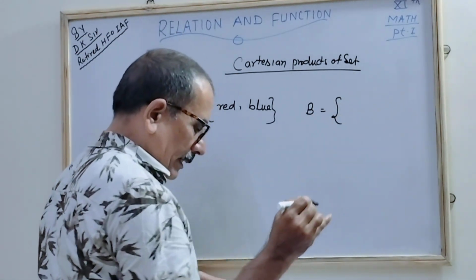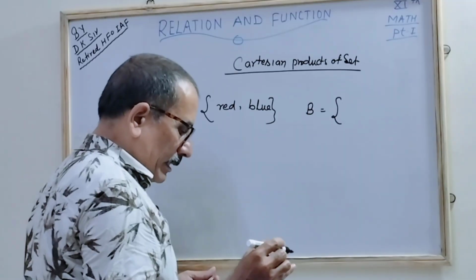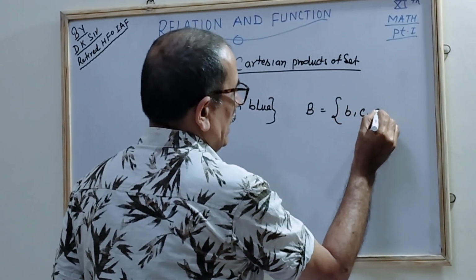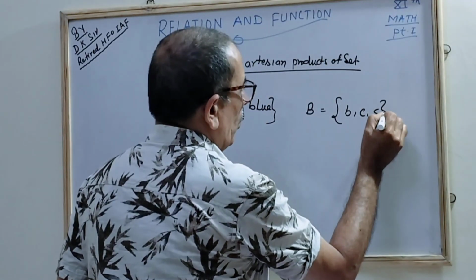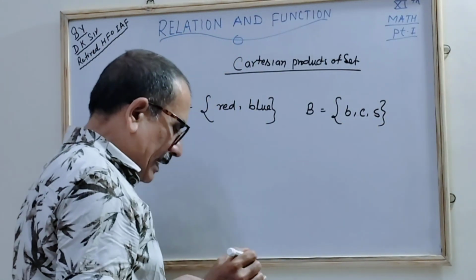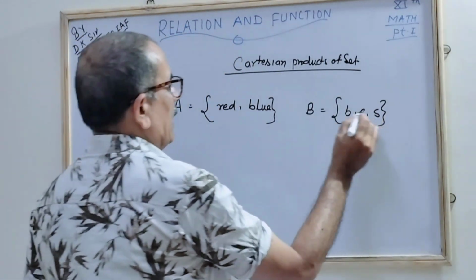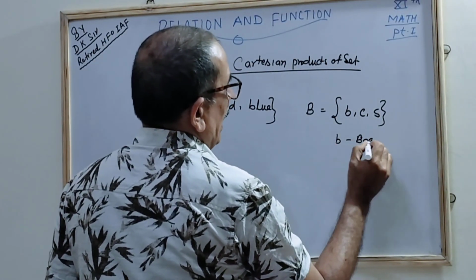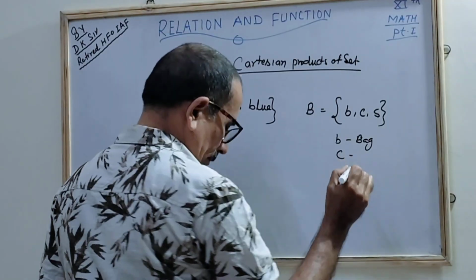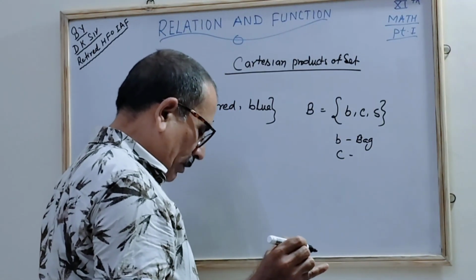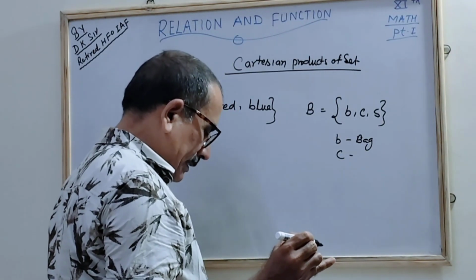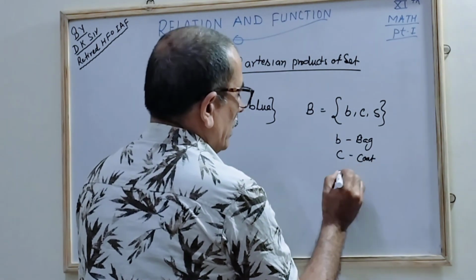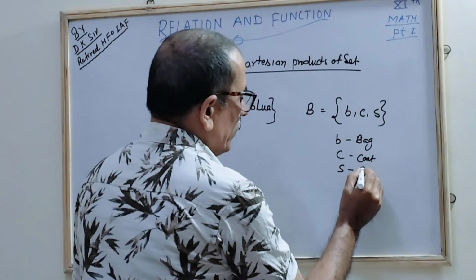The set B has the elements B, C and S. BCS. Now what is BCS? B stands for bag, C stands for coat, and S stands for shirt, correct?